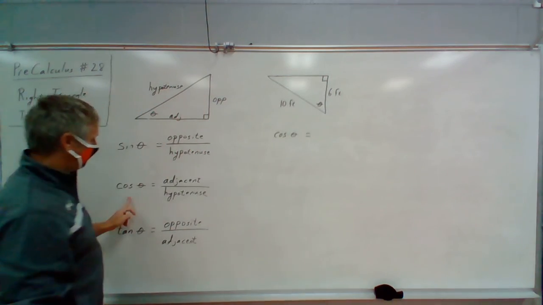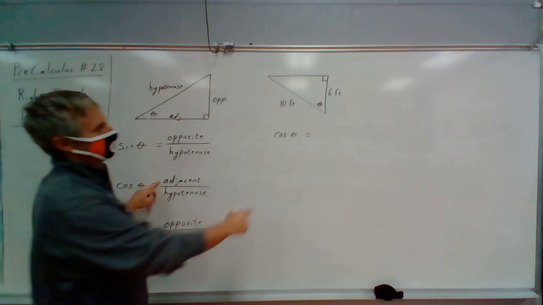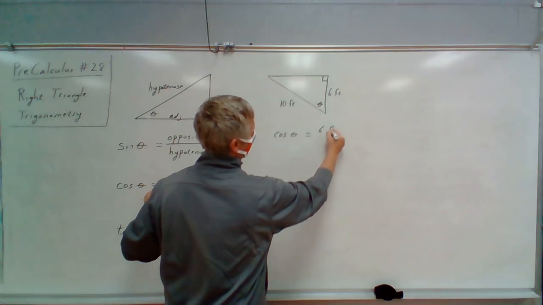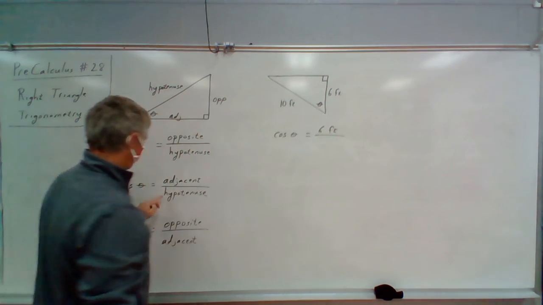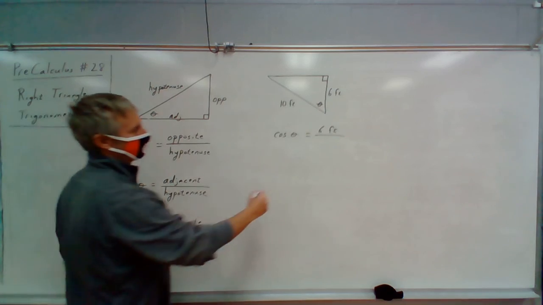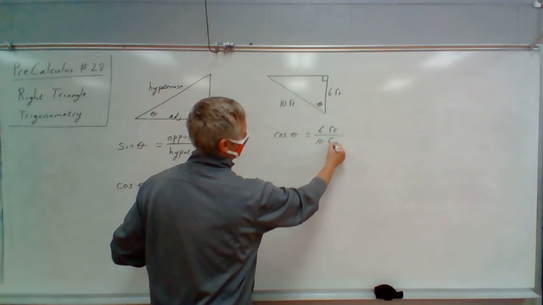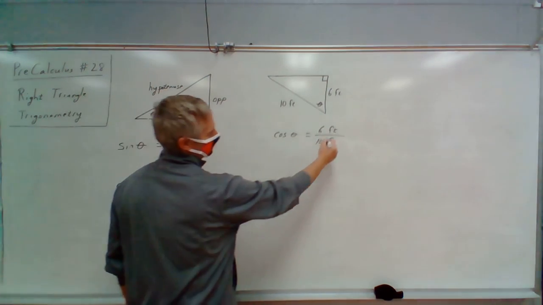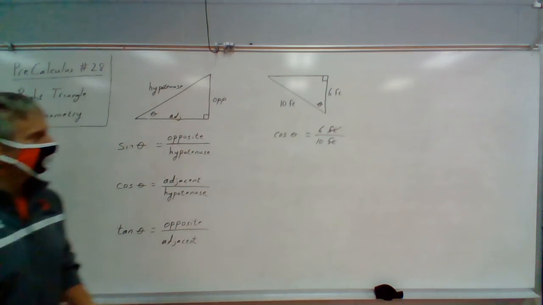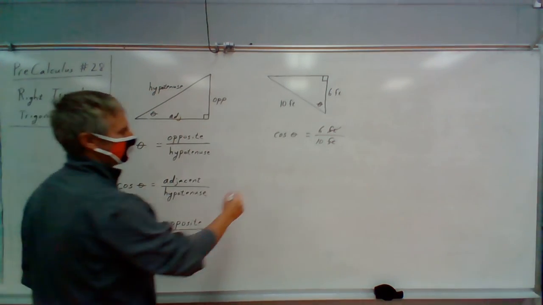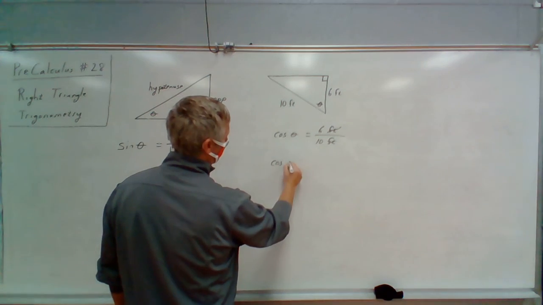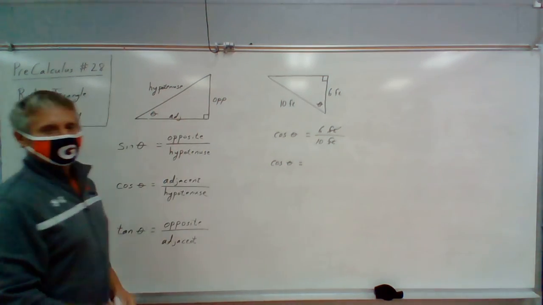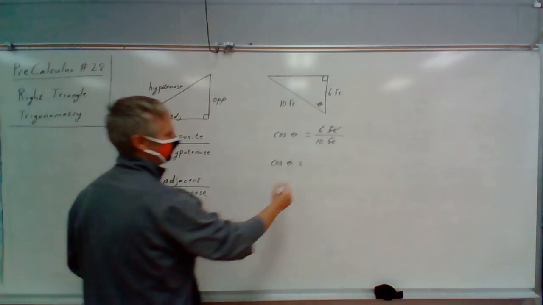Cosine of theta is equal to the adjacent, which would be 6 feet, over the hypotenuse, which would be 10 feet. Notice that my feet cancel and I'm just left with a pure number. So cosine of theta equals 6 over 10, and just for fun, I'll reduce that to make it 3 over 5.